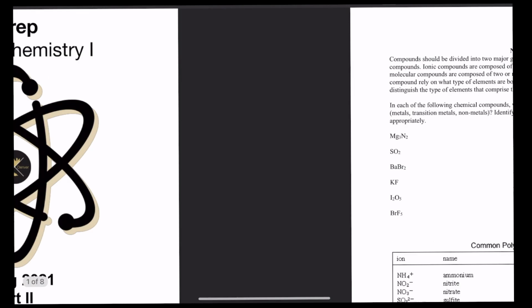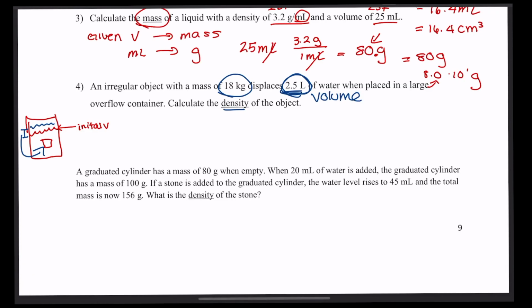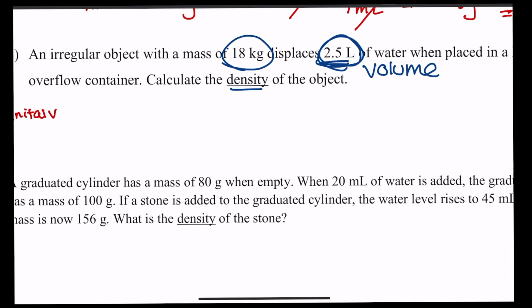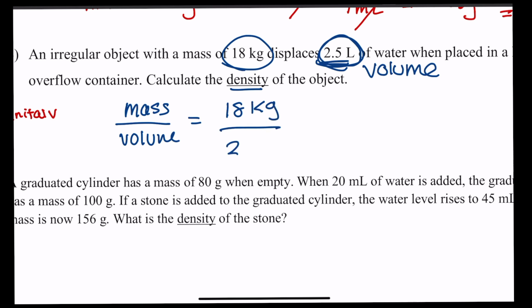So since density is mass over volume, we can just plug in our known, which is 18 kilograms over 2.5 liters, which will equal 7.2 kilograms over liter. Since both of these numbers have 2 sig figs, our final answer must have 2 sig figs.